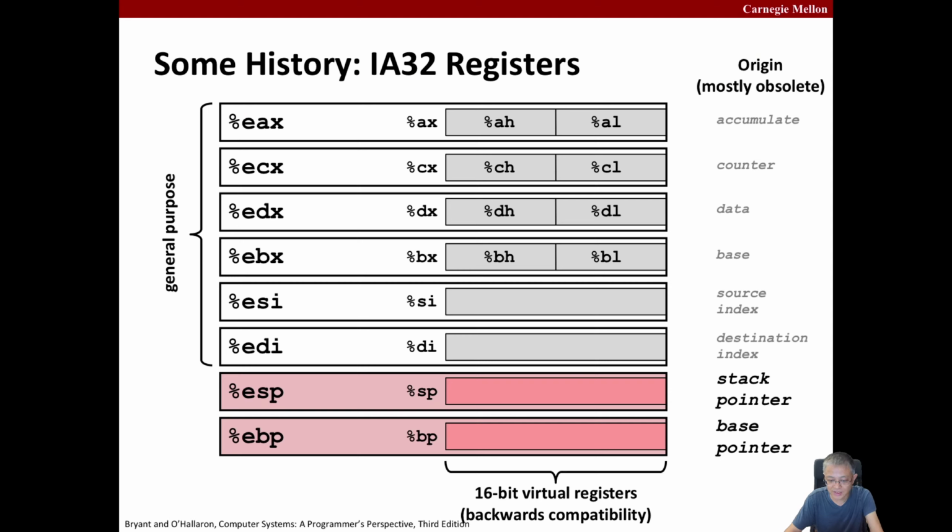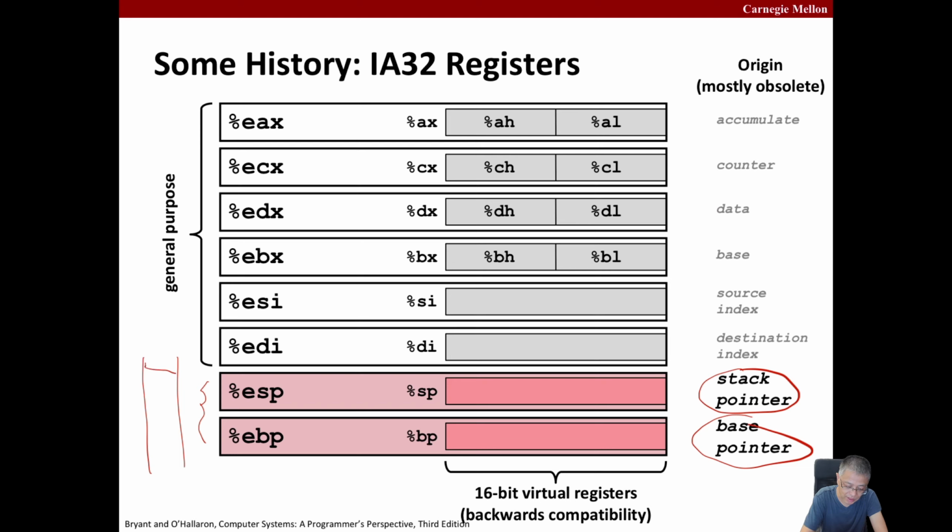So here is a list of the 32-bit registers. So we have EAX, ECX, EDX, EBX, ESI, EDI, ESP, and EBP. So those 2 registers are special registers. It's called a stack pointer and the base pointer. So we're going to talk about those a lot when we talk about the buffer overflows. So the stack pointer, so we all know the stack, right?